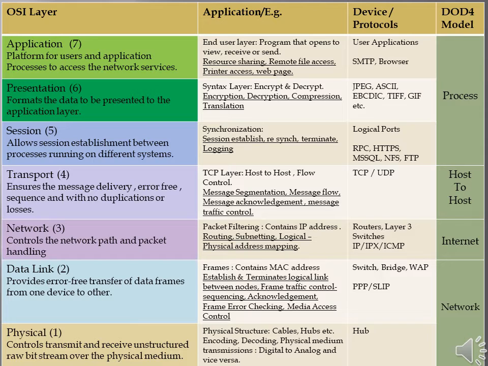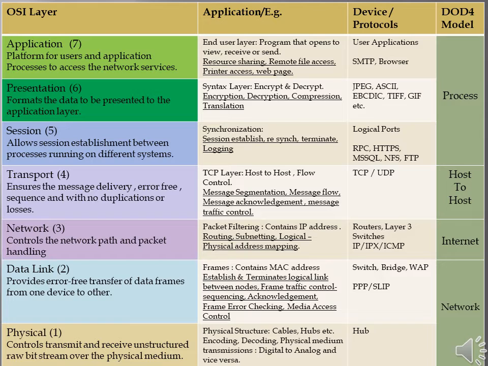Applications, for example, are the end user layer: programs that open to view, receive, or send. Examples: resource sharing, remote file access, printer access, web page. Devices and protocols: user applications, protocols such as SMTP, browser.